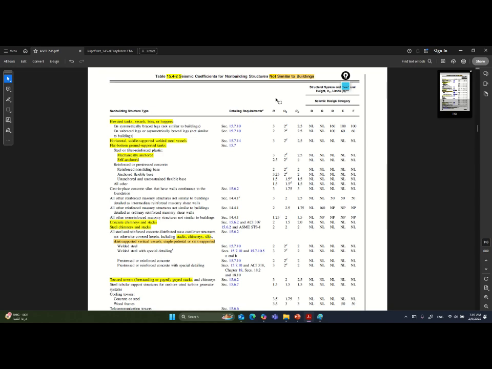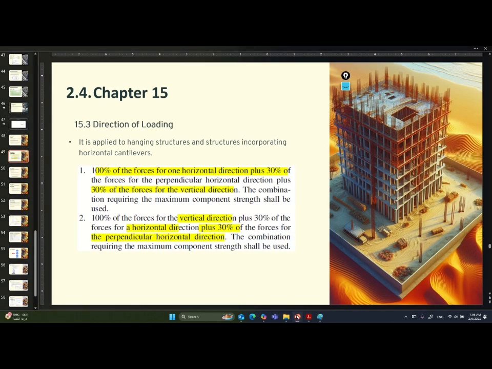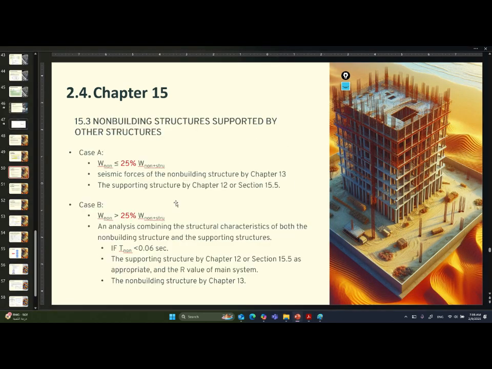If you have not similar to building, like elevated tanks, vessels, bins, hoppers, concrete chimneys and stacks and so on, skirt supported vertical vessels, single pedestal or skirt supported, you will have to use this table. So get yourself familiar with these two types of tables.